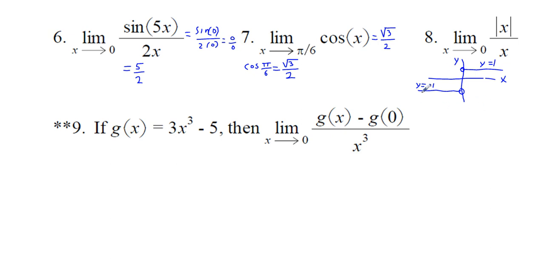And so we say that the limit, and I'm just going to write it down like this, limit as x approaches 0 of absolute value of x over x does not exist.